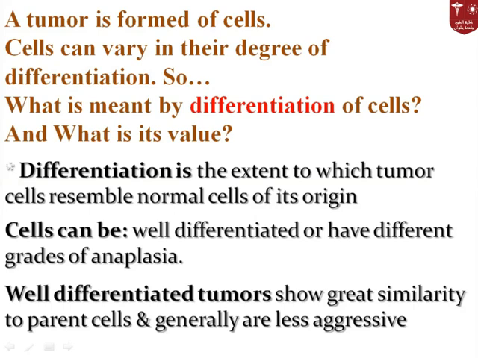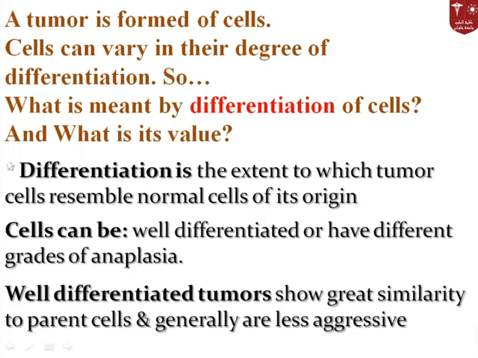However, some tumors have cells with lesser resemblance to the original cells from which they arise. So they can be described as moderately differentiated, or with less resemblance, poorly differentiated.